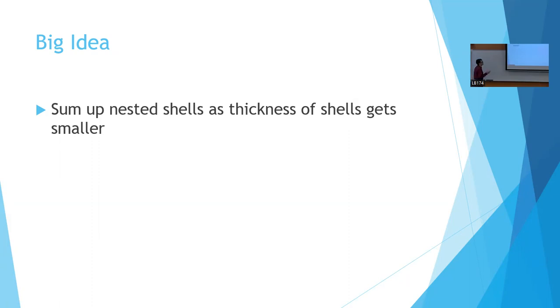And then we're going to nest these shells inside of each other. And we're going to let the thickness of those shells get smaller and smaller and smaller. Limit as the thickness goes to 0. And then that's going to turn into our integration. All right? That's the big idea.